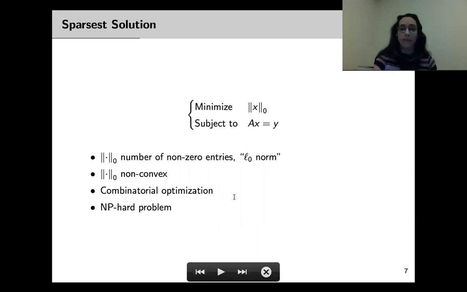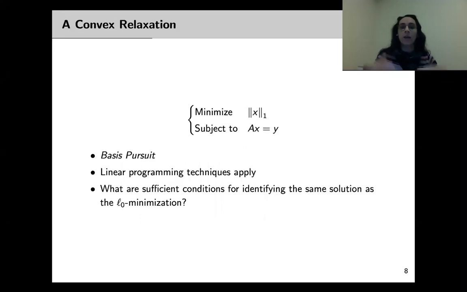And so what often is done is you'll take something called a convex relaxation. Now, instead of that 0 norm, we have this 1 norm, right? And the 1 norm, you've probably learned, is just the sum of the absolute values of the elements of your vector.